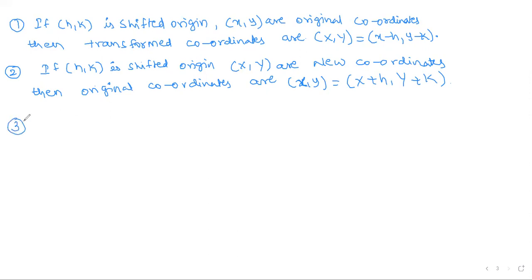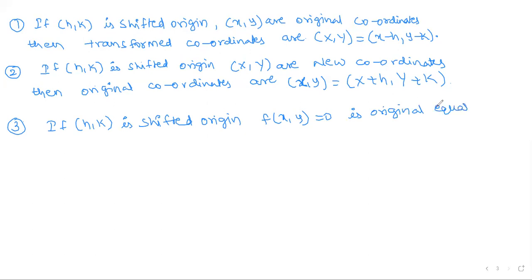And the third point, about curve equations: if (h, k) is the shifted origin and f of x, y equals 0 is the original equation of a curve, then the transformed equation means we have to convert into capital X and capital Y. So we replace small x with capital X plus h and small y with capital Y plus k.